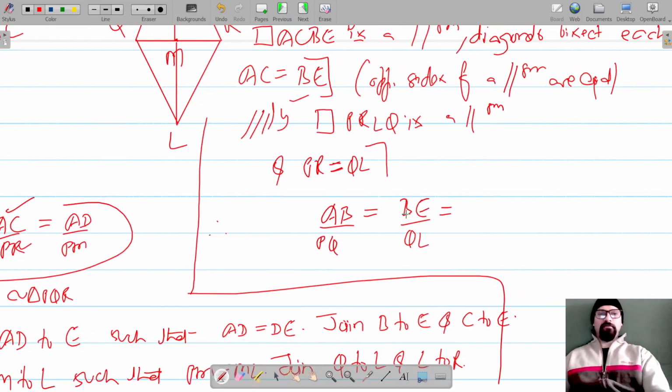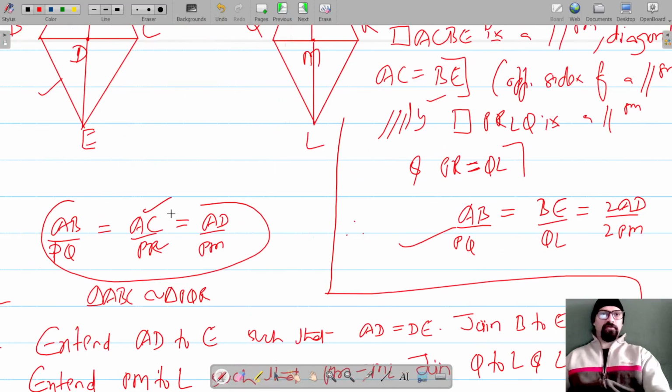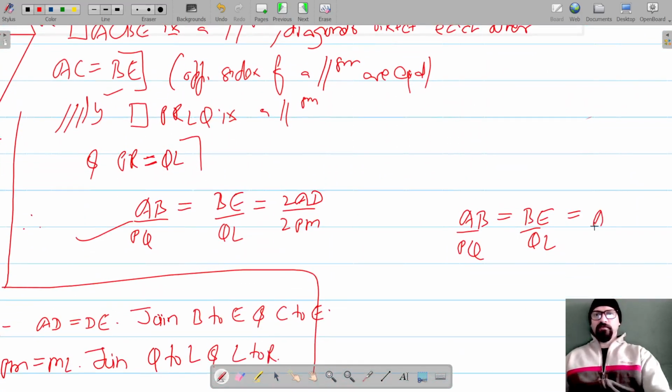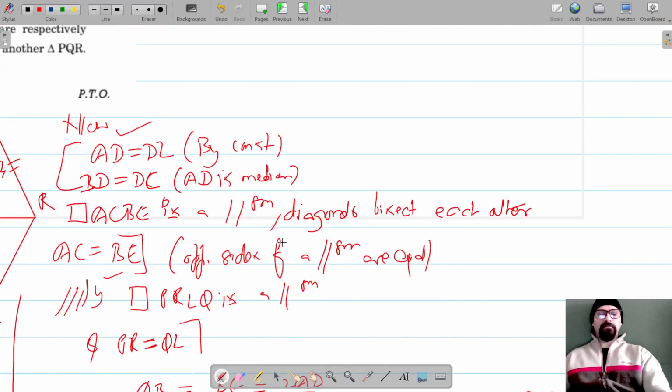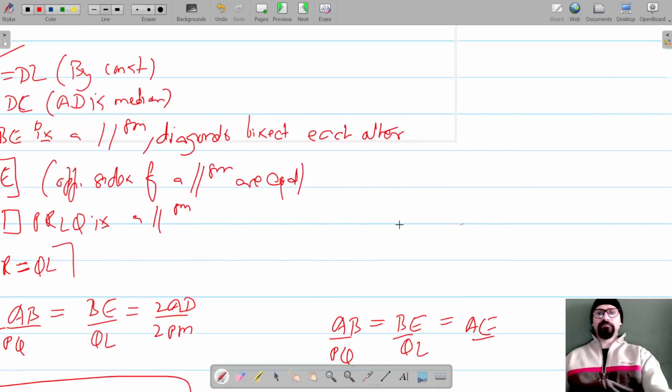For AD, I can write double of AD, so 2 times AD and 2 times PM. This gives me AB by PQ is equal to BE by QL is equal to 2 times AD, which is AE, by 2 times PM, which gives me PL.